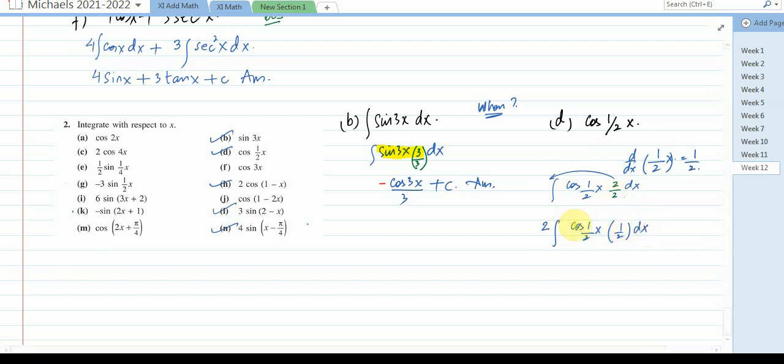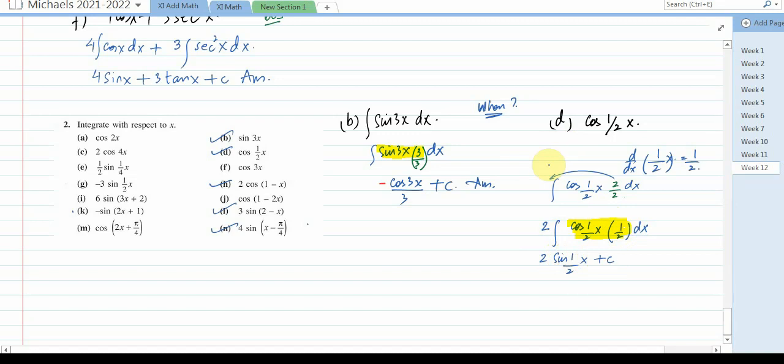Now the function is ready to integrate because the derivative part of the angle is written just next to it. So the integral of cos 1 upon 2x, it's sine 1 over 2x, and it's plus c. Alright, so I hope that you have an idea how to solve this type of questions.